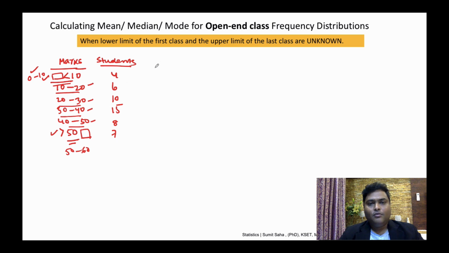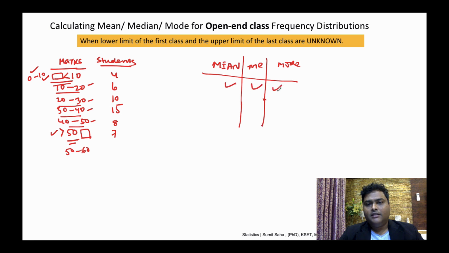So in this case, we can easily calculate mean, median, and mode all. Let's name this case number 1 for our understanding. So in case number 1, mean, median, and mode are possible to calculate.